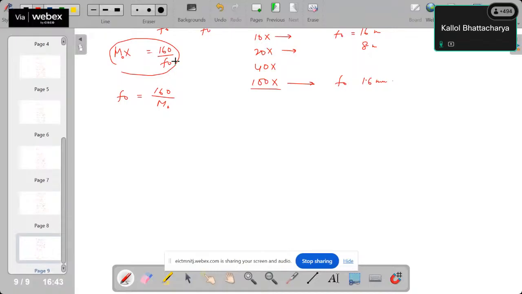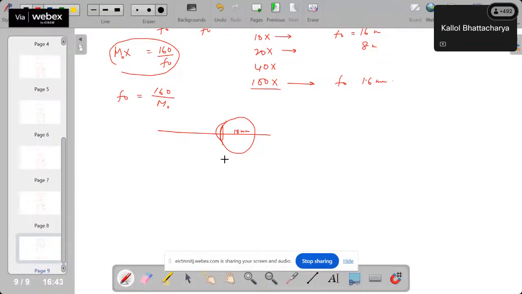Yeah. So you see, if you consider the eye, now you have the eye lens somewhere here. This is the cornea. This is the eye. The focal length of the eye is about 18 mm.